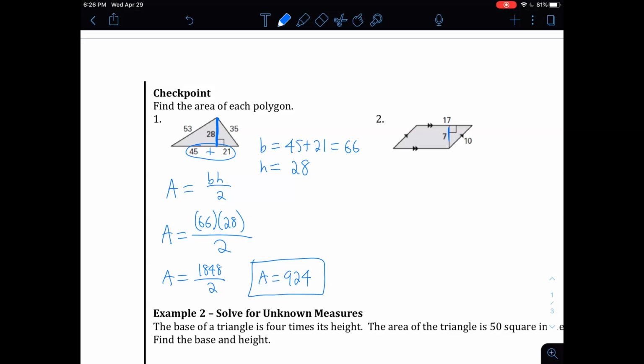Well, we see that we have a right angle, so that means that this has to be the base right here, because the base is at a right angle to the height. So we're doing area equals base times height. The base was 17, the height was 7, so we got 17 times 7, and the area, sorry, is going to equal 119.